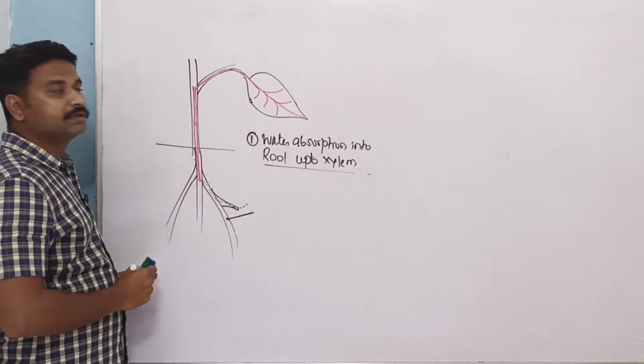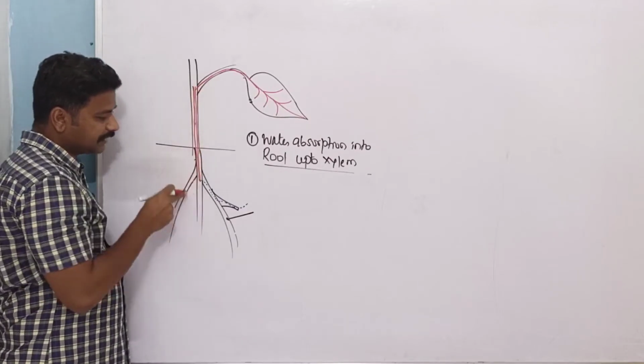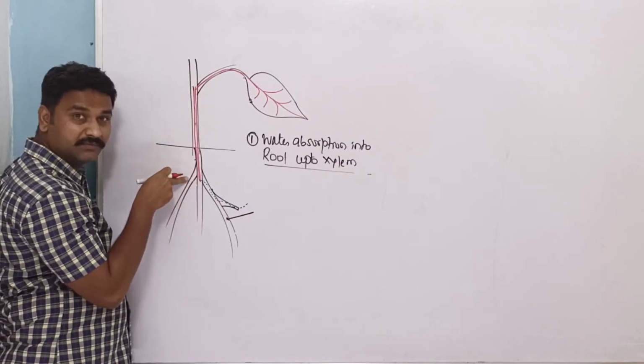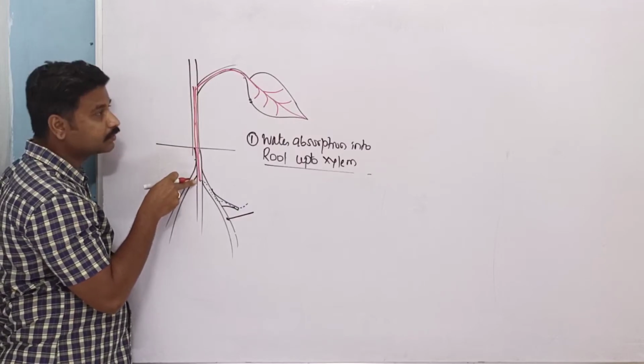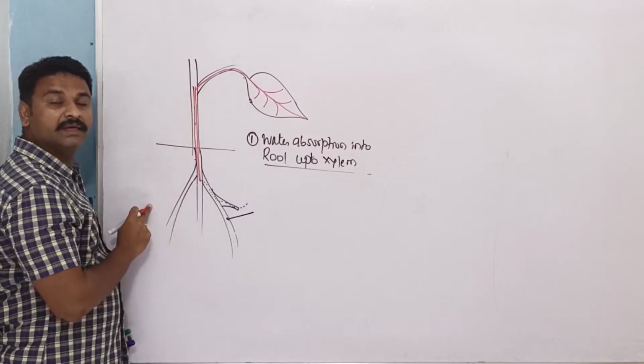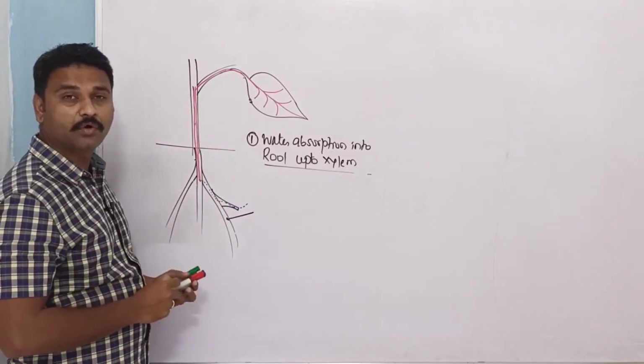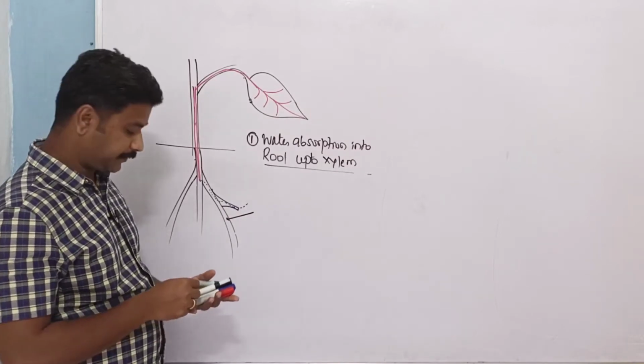Okay, so this whole process, that is absorption of water in the vascular bundle from root up to the tip of leaf, this process is called as ascent of sap.